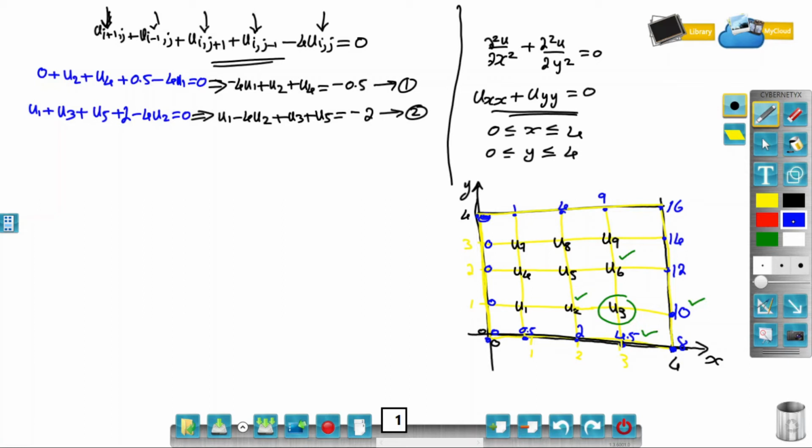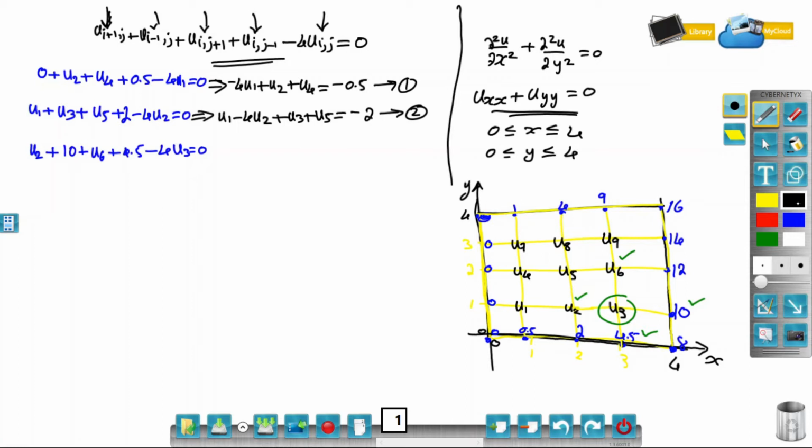Left point, that is U2, plus right point, that is 10, plus top point, that is U6, plus bottom point, that is 4.5 minus 4 into U3 equal to 0. So this is the third equation.